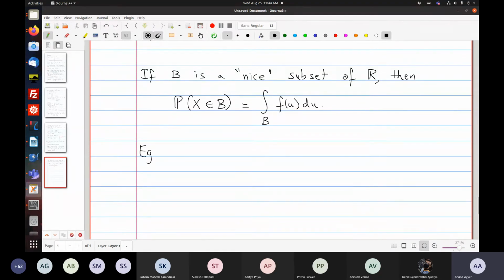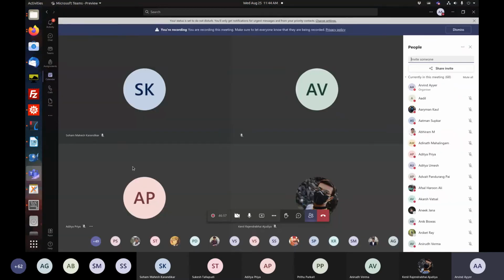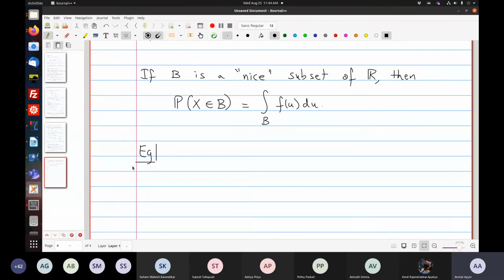Why do we need to do such things? Remember I told you things like the sigma algebra, you cannot take it to be 2 power S for S being a continuous, an uncountably infinite subset, for example.